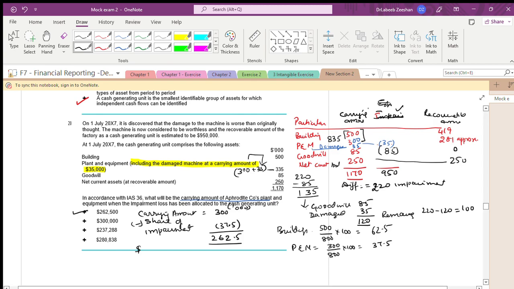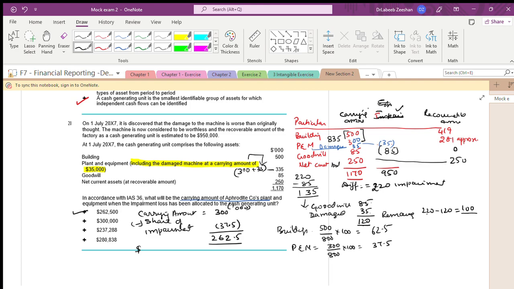In this 220, what do we have to deduct? We have to deduct the goodwill total amount and the damaged goods. Goodwill and damaged goods total 120. Total impairment is 220 minus 120.